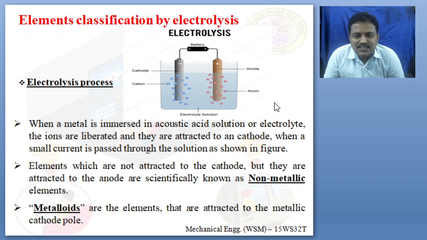When you pass current to that, the electrolyte starts its conductivity and the ions are liberated. These ions are positively charged and some of them are negatively charged. They start moving in opposite directions.